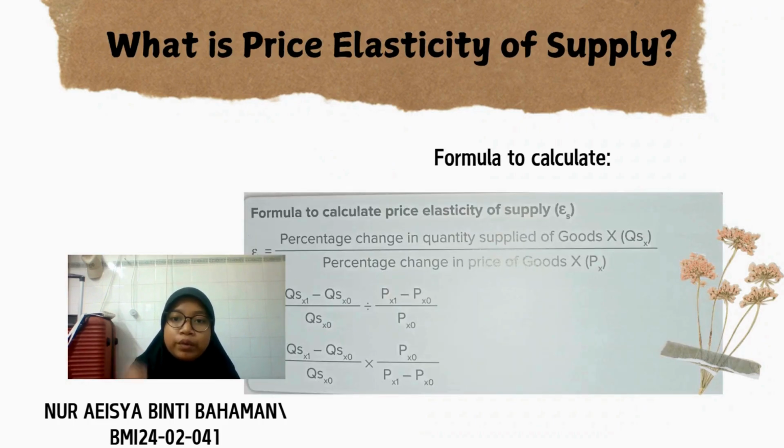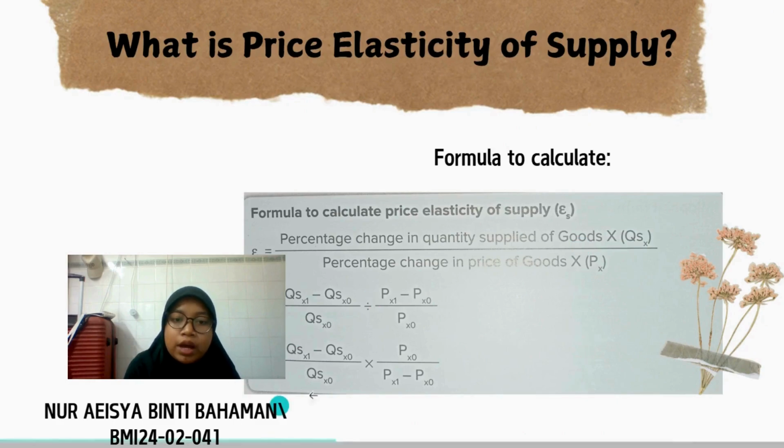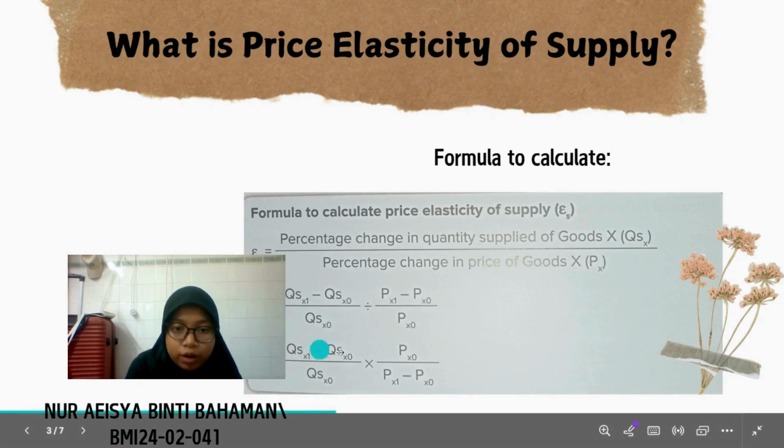From there, the formula to calculate PES can be derived as the quantity supplied of the new one minus the quantity supplied of the old one over the quantity supplied of the old one, multiplied by the price of the old one over the price of the new one minus the price of the old one.